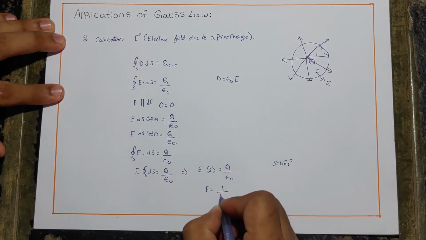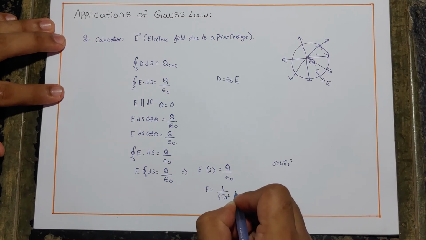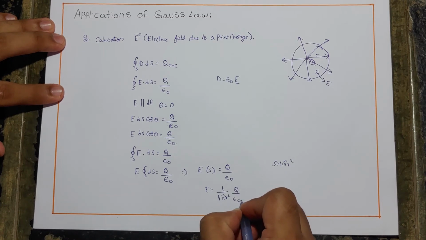When it comes to this side, this is equal to 4 pi r square times q by epsilon naught.